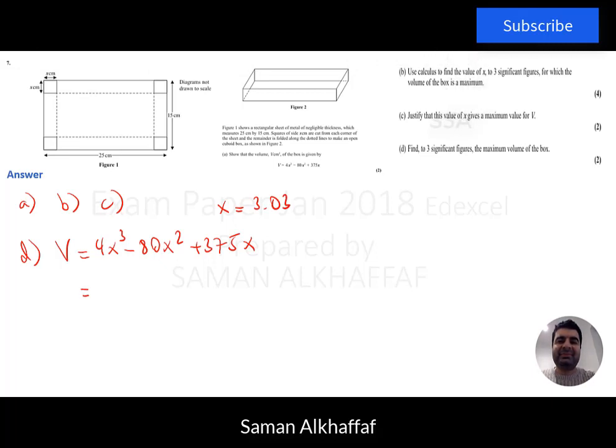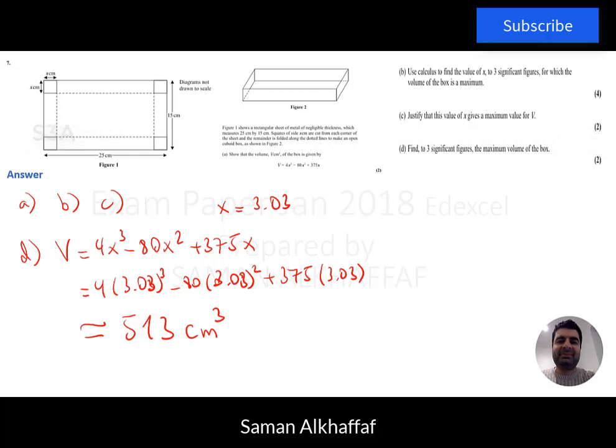So that will give us 4 multiplied by 3.03 cubed minus 80 multiplied by 3.03 squared plus 375 multiplied by 3.03, and this answer will be approximately 513. The unit in this scenario, because it's volume, will be centimeter cubed, and this will be our answer for part D of this question.